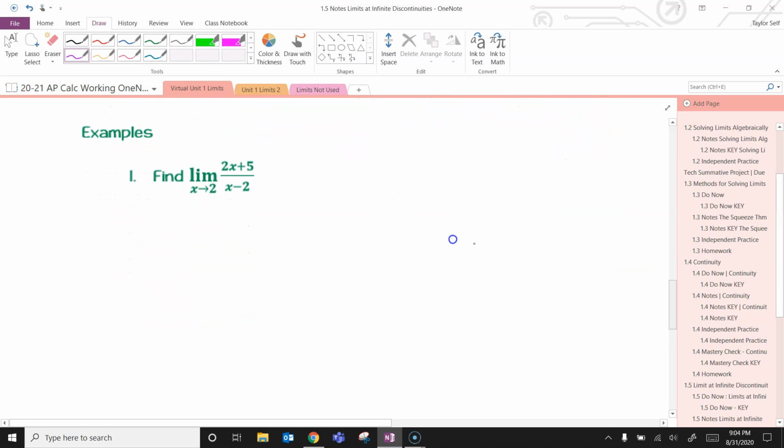Cool, so the first example is the one that we started with. Write this down. Find the limit as x approaches 2 of the function 2x plus 5 over x minus 2. Okay, we already talked about how we know there is a vertical asymptote. That means we need to do the sign test.